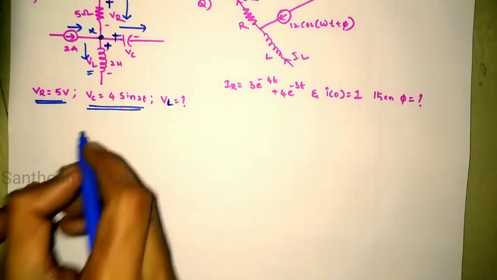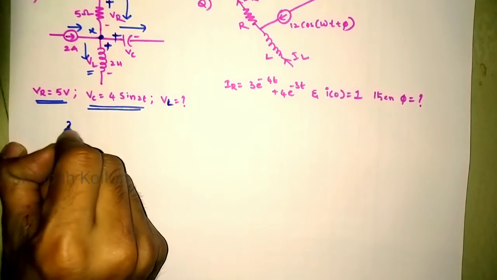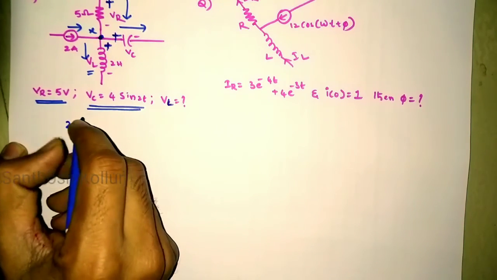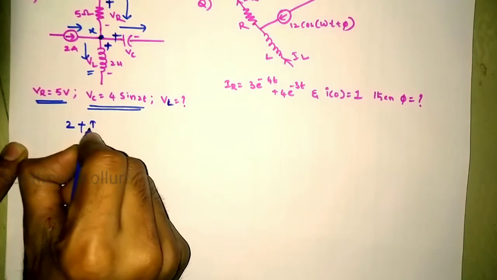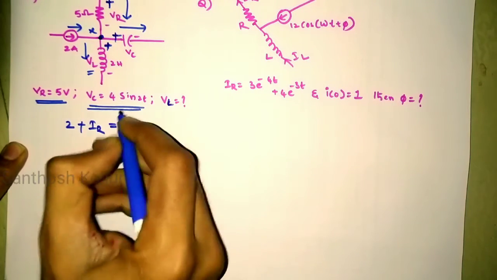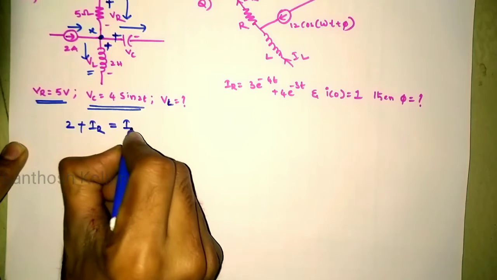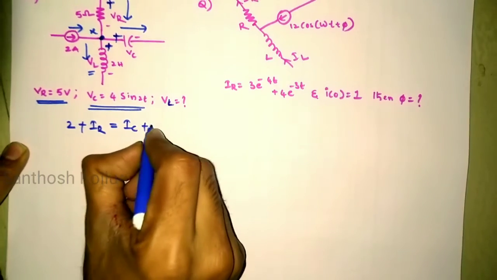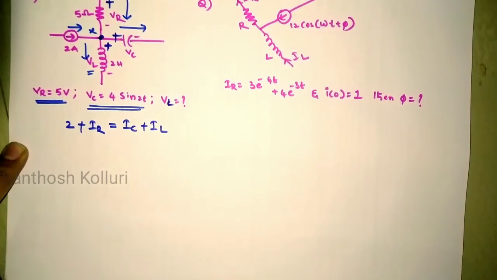So I can write current entering here, 2 amperes, plus current flowing through the resistor IR is equal to current flowing through the capacitor IC plus current flowing through the inductor IL.